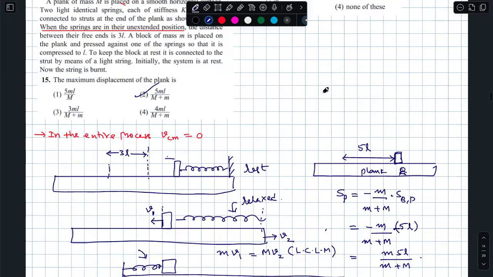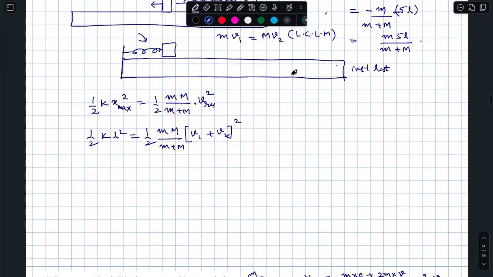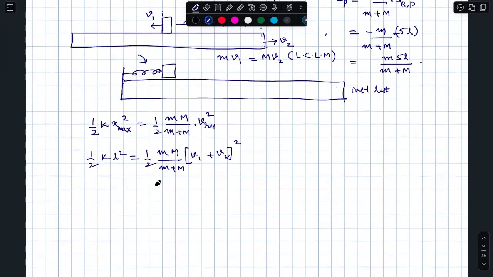So what do you want in the question? Maximum velocity of the plank. You want V2. Eliminate V1 in this half small m capital M by small m plus capital M. In the place of V1, you can write capital M by small m plus 1 whole square V2 square.